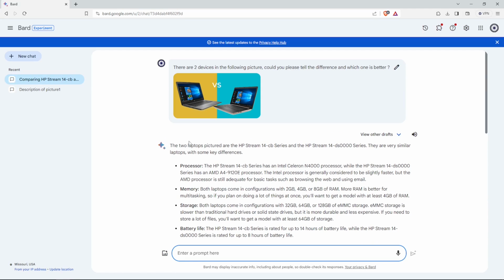As you can see, Bard can find the two devices' names in the image, and then fetch data related to them. After that, it analyzes the data, and finally advises us on which one to buy, based on what we want the device for: professional use, or simple tasks as a student.